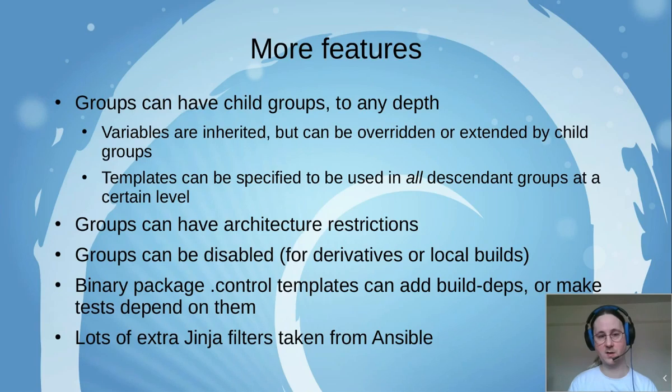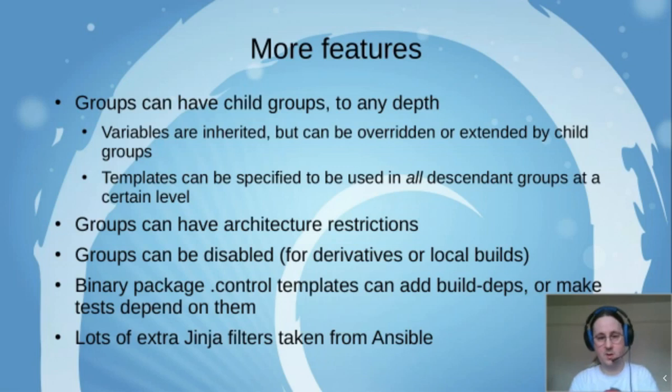It's also possible to specify a set of templates that should be used in descendant groups, so that you don't have to repeat the list of templates in multiple places. You can restrict a group to be built on only specific architectures, rather than putting that architecture restriction in multiple binary package templates. You would apply it to the group.